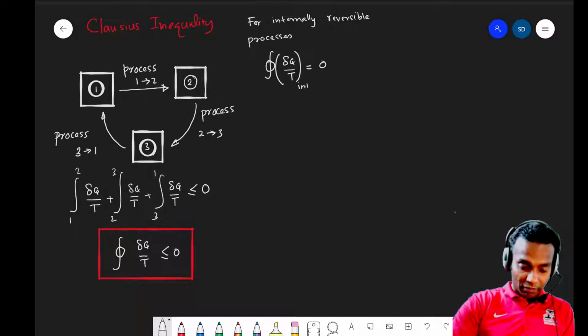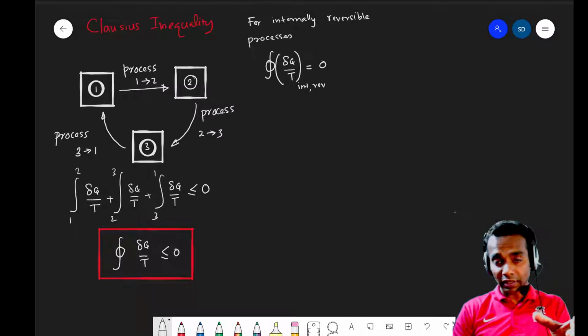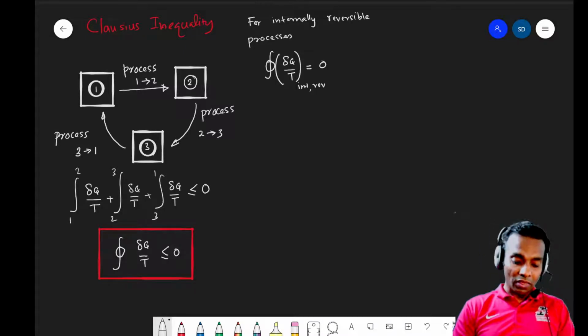If any of those processes in a cycle is not internally reversible, then it is less than 0.